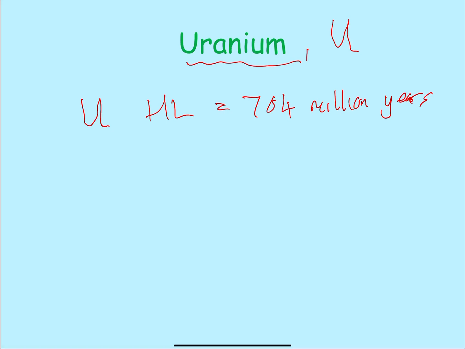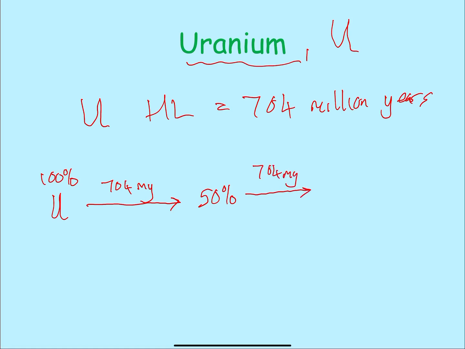So let's just say uranium was made on day 1. So it has 100% of its source here. After 704 million years, that will go down to 50% activity. And then after another 704 million years, that will go down to 25% of its activity, or that would be a half, that would be a quarter.